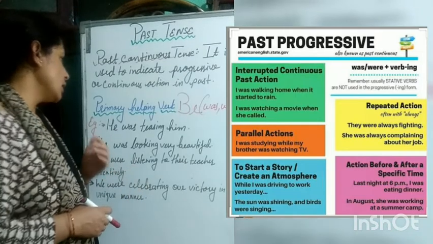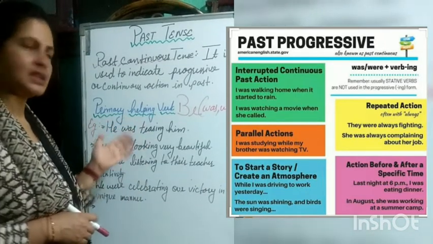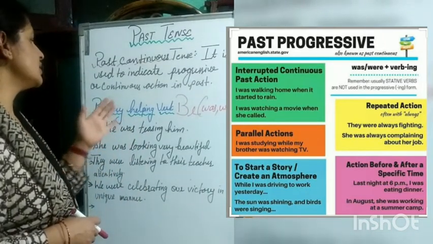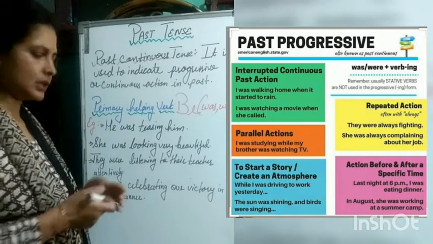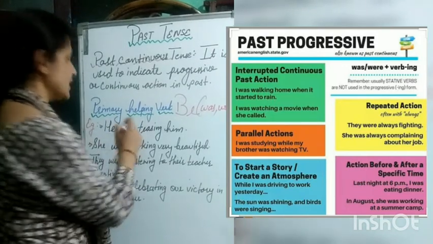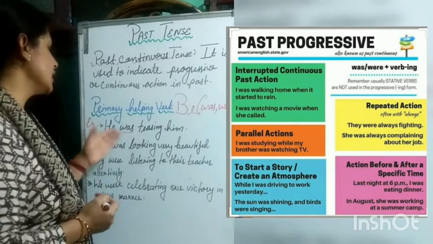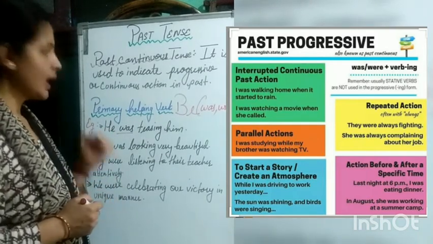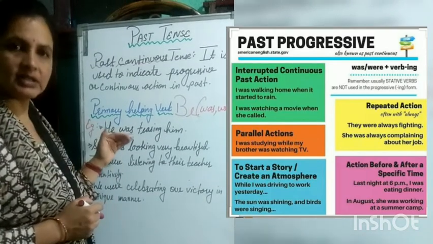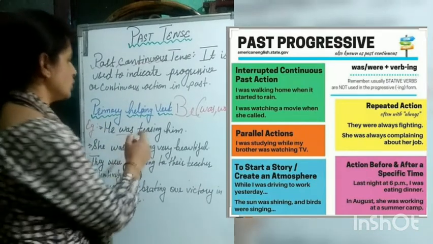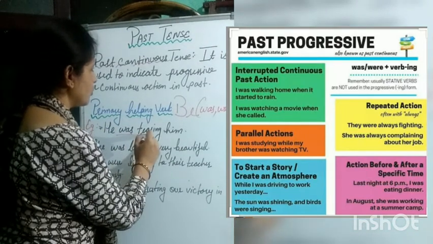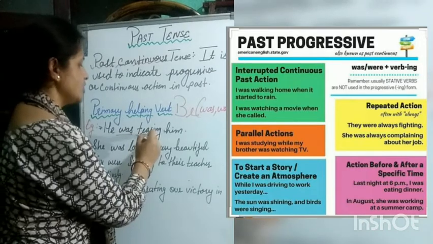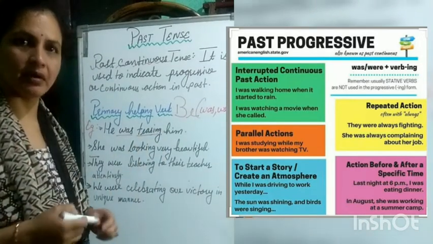Okay, let us take help of these examples. He was teasing him. So "was" is used here because the subject is singular, and in continuous tense we always use the first form of the verb plus "ing" because it is progressive.